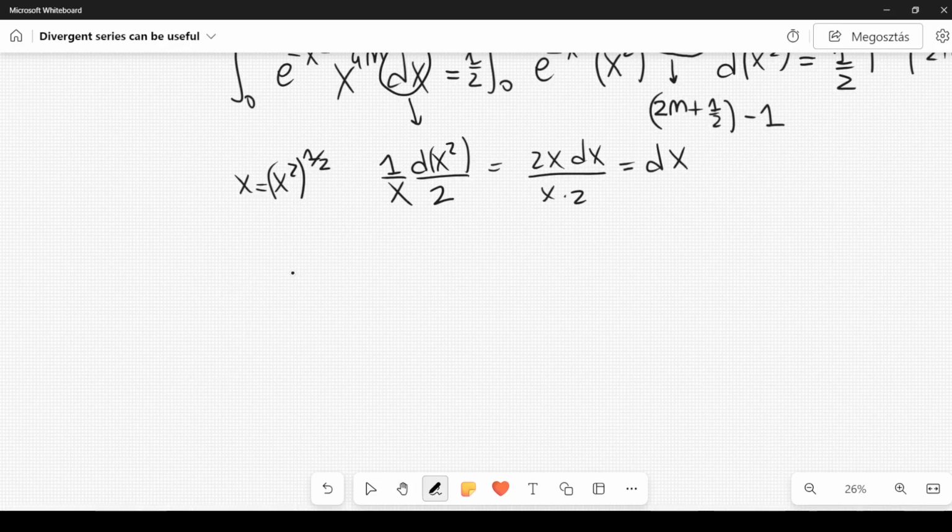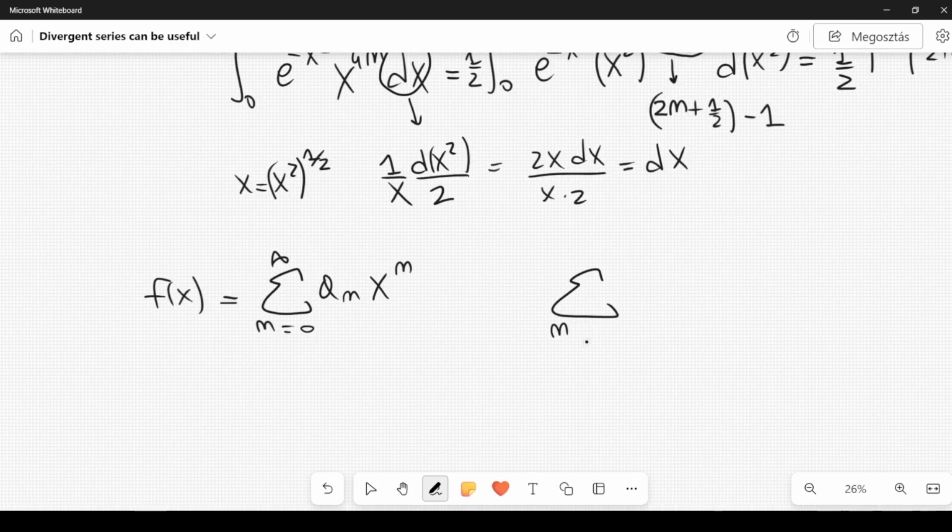Let's consider the following series, summation over n from 0 to infinity of a sub n, x to the power n, which we can call f of x. This is a function of x, as you can see here. And we want to consider now a truncated version of this series, summation over n from 0 to capital M, which might be finite, of a sub n, x to the power n.